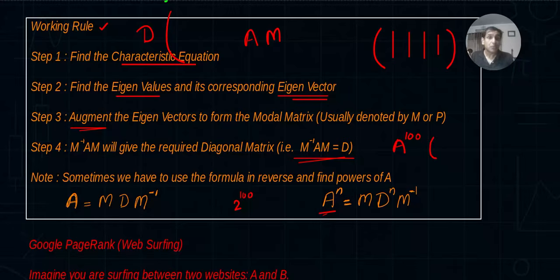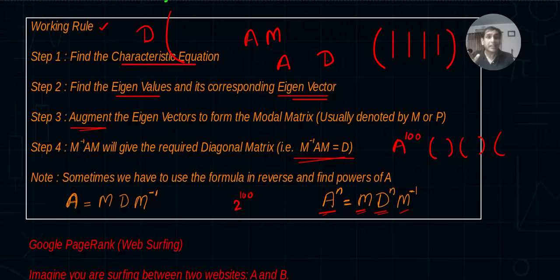Now imagine you're multiplying again and again and again 200 times, 300 times, etc. But if you know this connection, you can just multiply 1, 2, 3 matrices and get the answer. So once more, my job as a mathematician is to tell you there is a very good connection between the given matrix and a diagonal matrix which contains the eigenvalues.